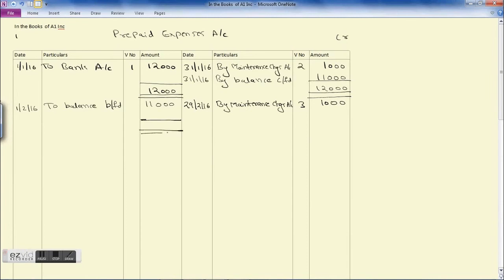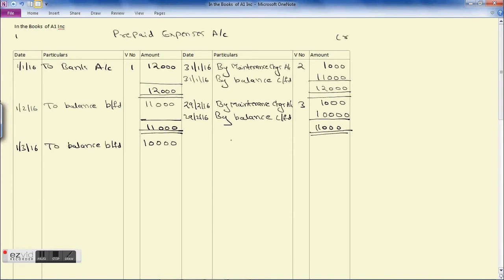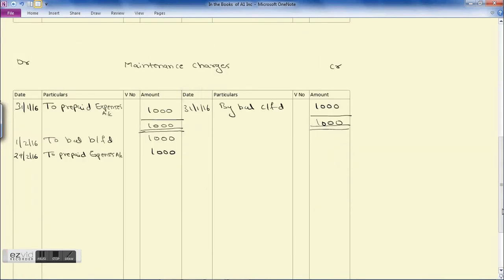So again we will close the books of account. 11,000, and 29/2/2016 by balance carry forward 11,000 minus 1,000, that is 10,000. Then 1/3/2016 to balance brought forward 10,000.